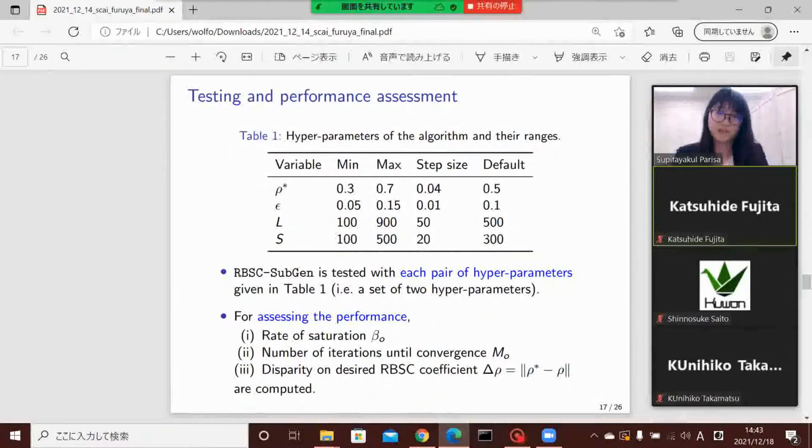We have many pairs, so we serve them together. To assess performance, we measure the rate of saturation, the number of iterations until convergence, and the last is the disparity on the RBSC coefficient, delta rho.